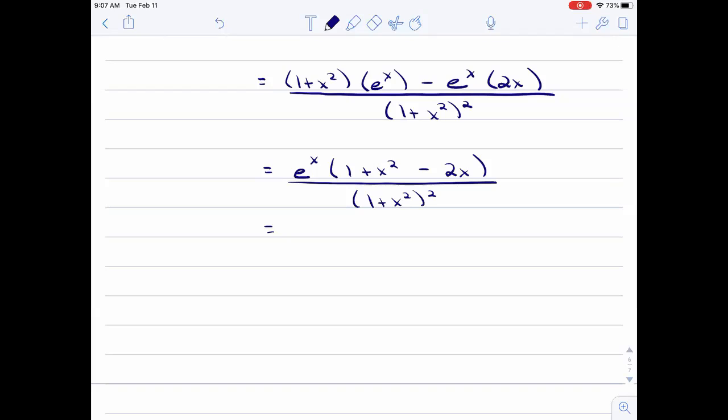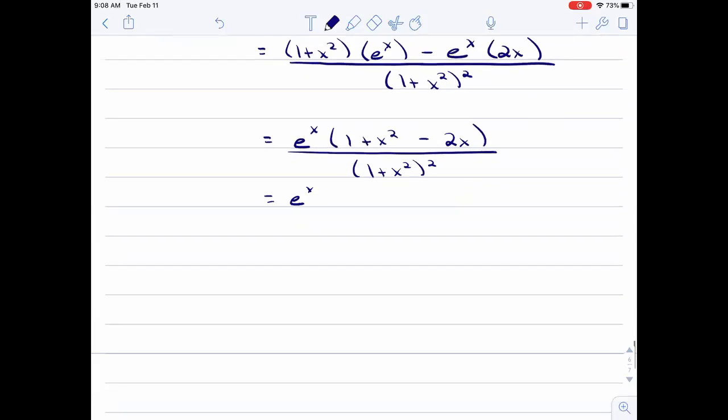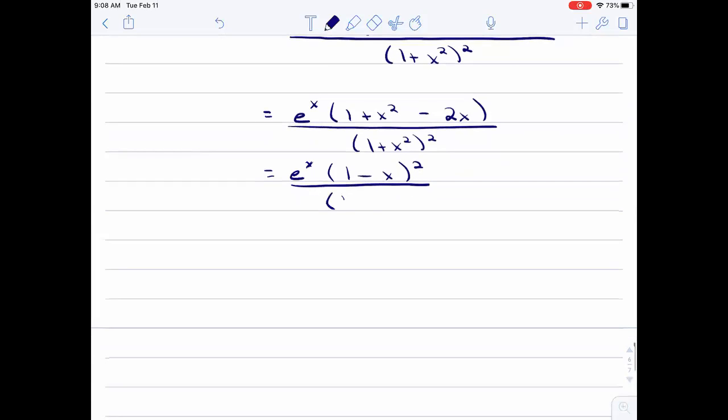I'd be fine if you left it like that, right? But let's try factoring it. e to the x times 1 minus x squared over 1 plus x squared squared.